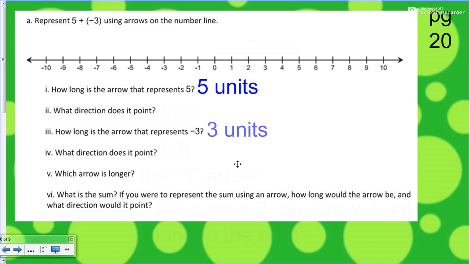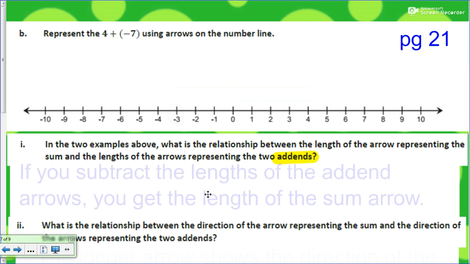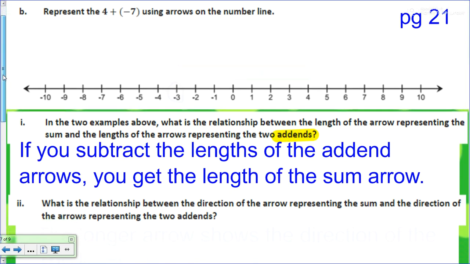The length of the second arrow was 3 units. If we subtract 5 minus 3, we get 2. And so the length of our answer arrow would have been 2. So if we take the lengths and we subtract them, we get the length of the answer. And again, we have 1 positive and 1 negative.